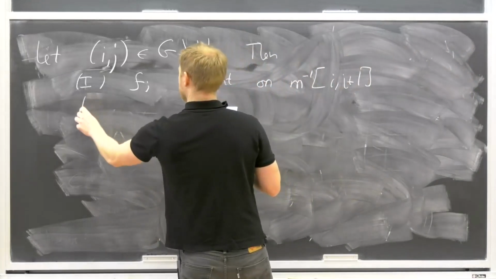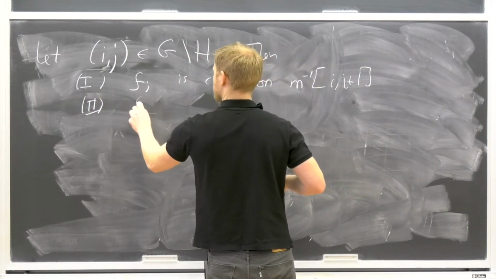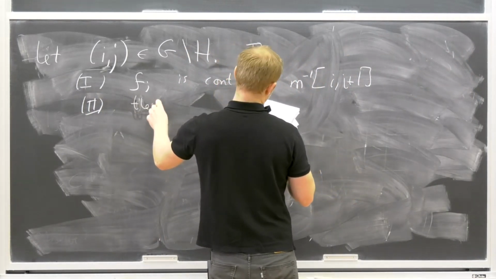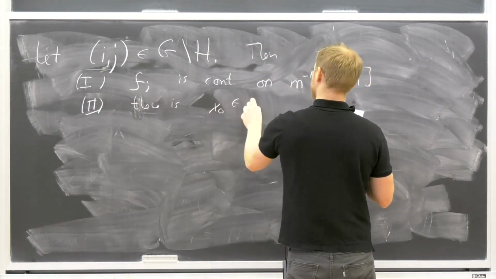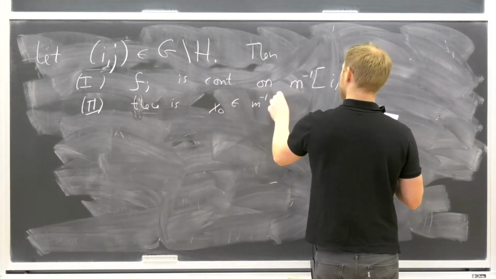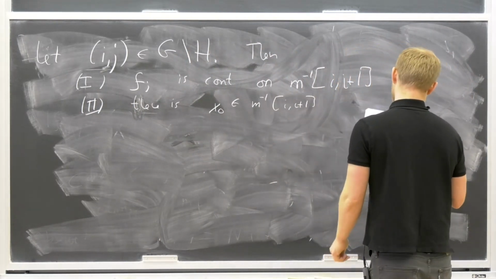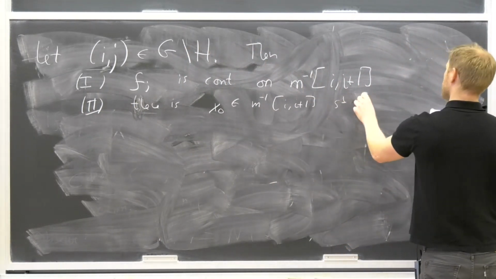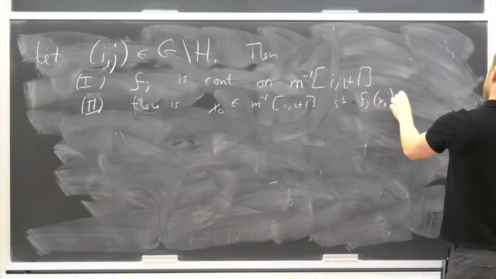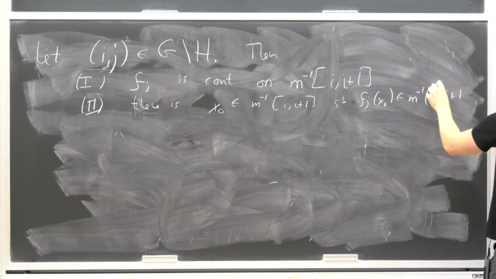And there is something in this box, there is x0, such that this is in the box, j plus 1.